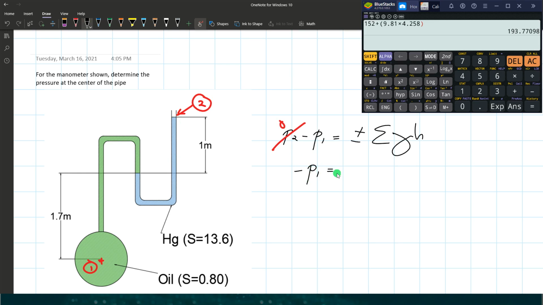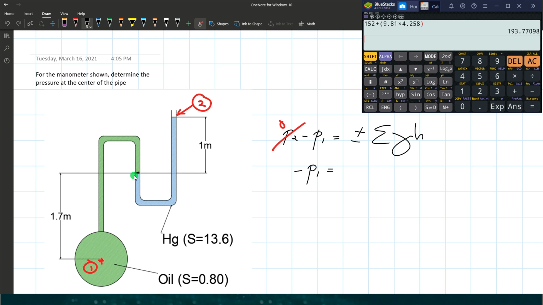So what remains is pressure 1. Negative P1 is equal to plus or minus sum of gamma H. So starting at point 1, considering this liquid that is oil, we start at point 1 and the oil ends at this point. So this is the interface between the oil and the mercury.